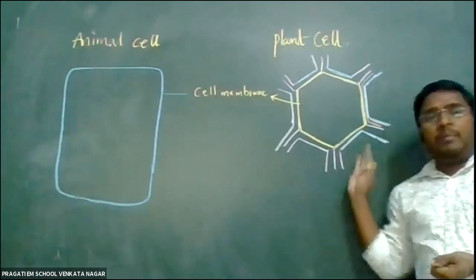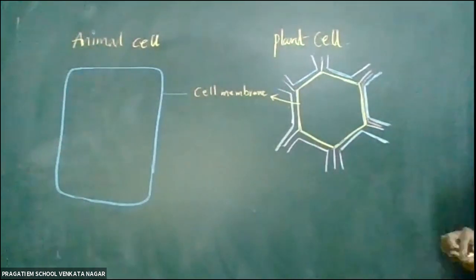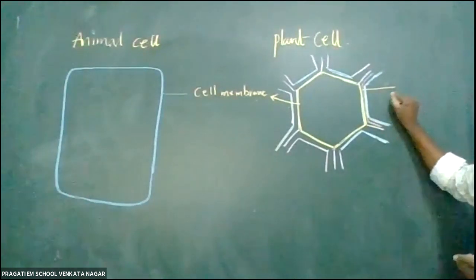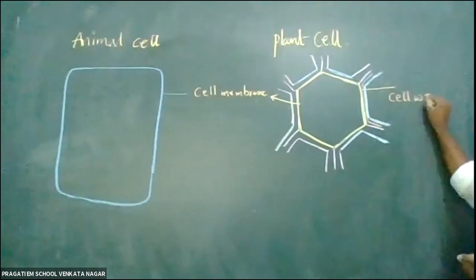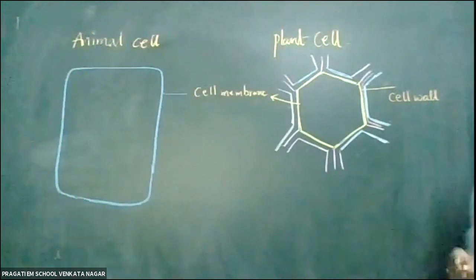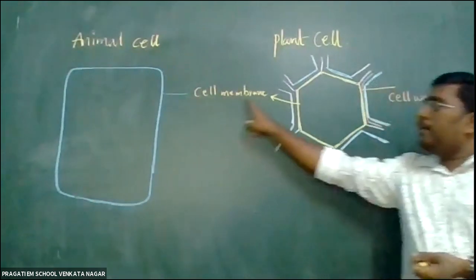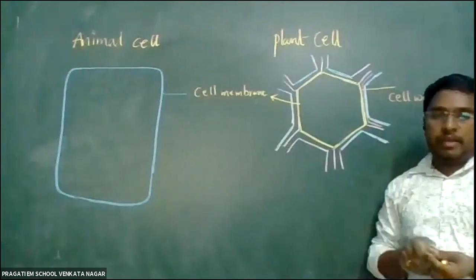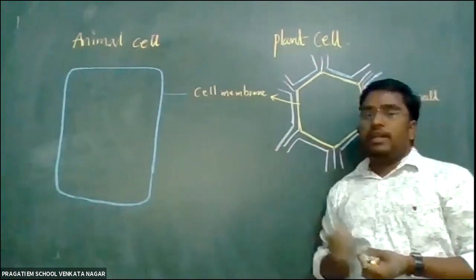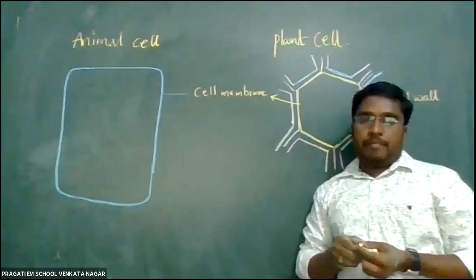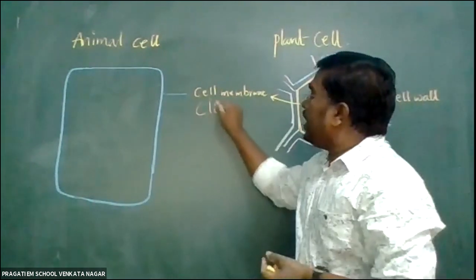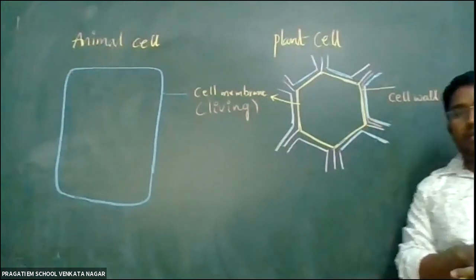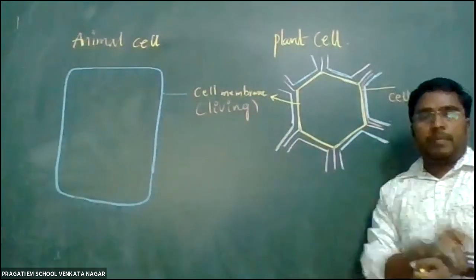What is the outer membrane of the plant cell? The outer membrane of the plant cell is called the cell wall. Look at here. The cell membrane, which is present in the animal cell as well as in the plant cell, is a living membrane.